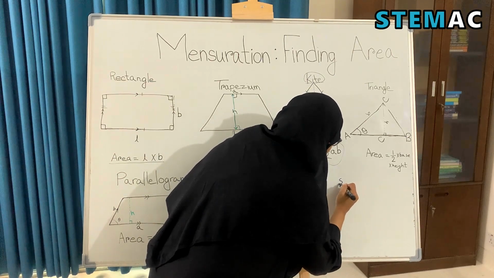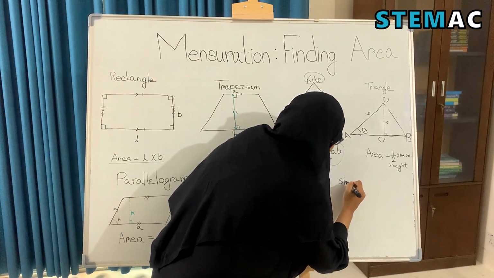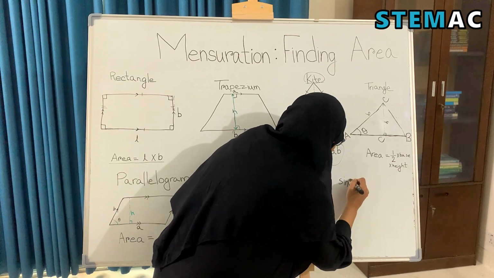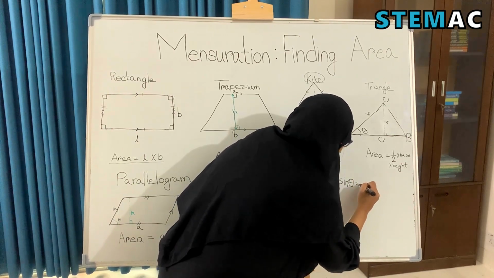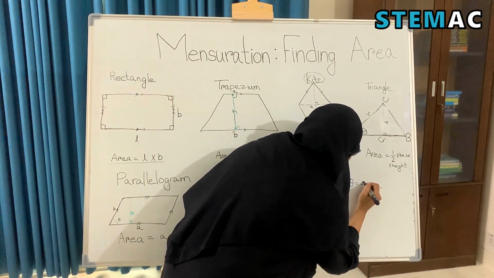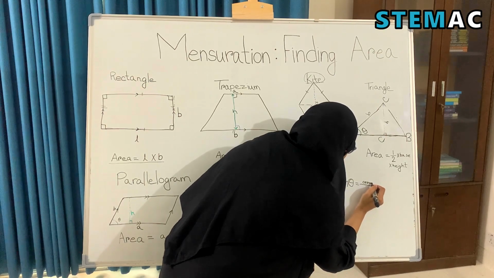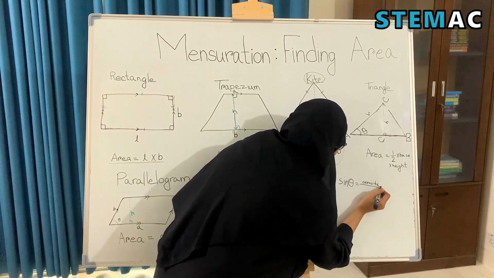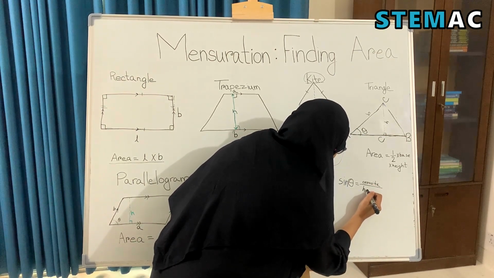We know that sin theta equals opposite by hypotenuse.